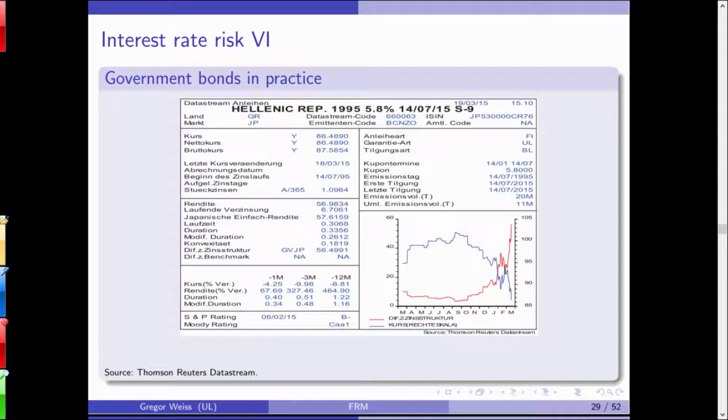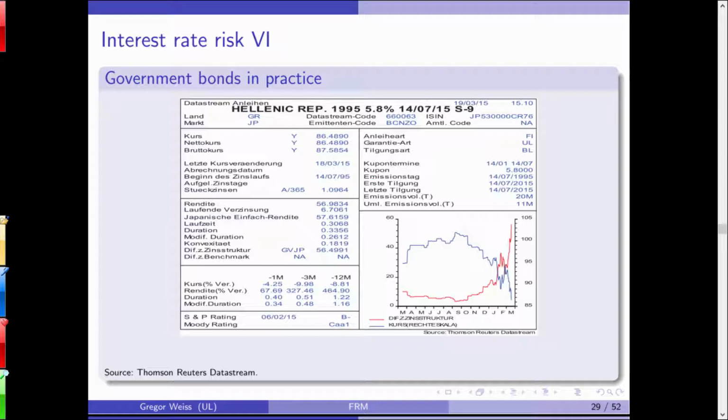This was, not at the height, but still in the aftermath of the hot phase of the euro crisis. What you can see here is the price of this bond in the blue line, the quote of the bond on the right-hand scale.